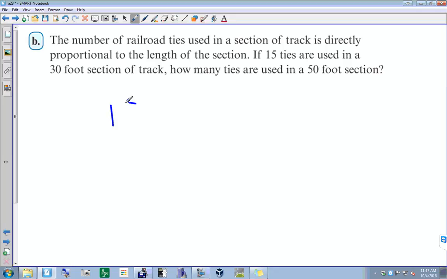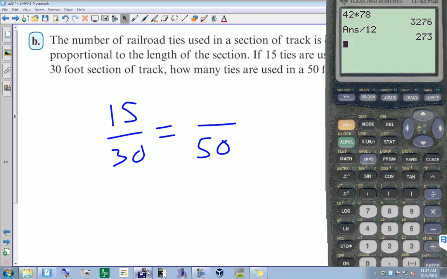We'll put 15 over 30 is going to be equal to, I don't know, over 50, correct? Because that's the section. So now it's 15 times 50 divided by 30. So 50 times 15 divided by 30, 25.